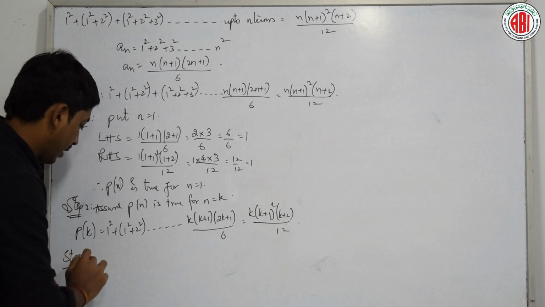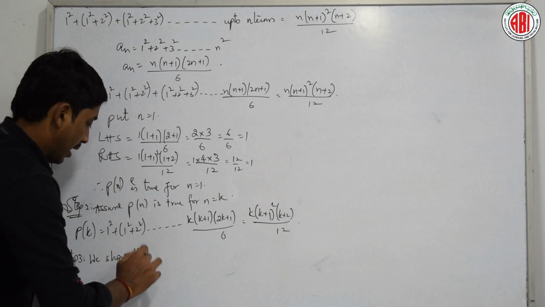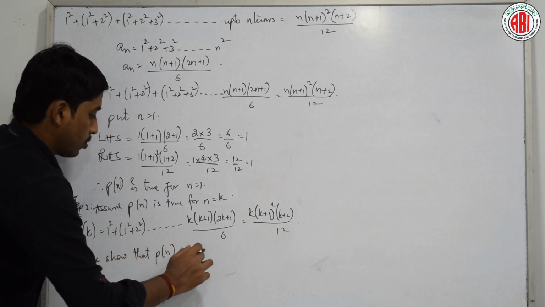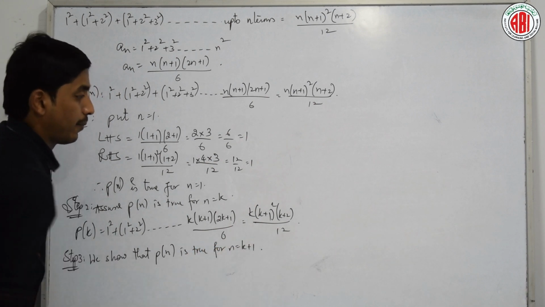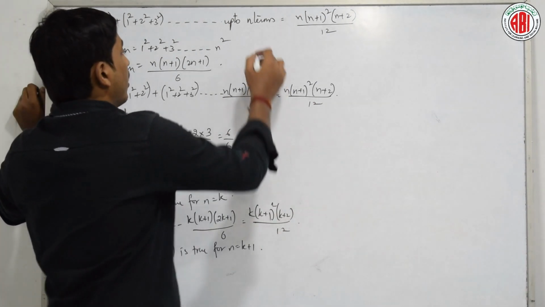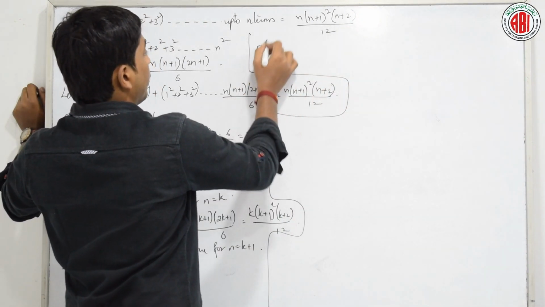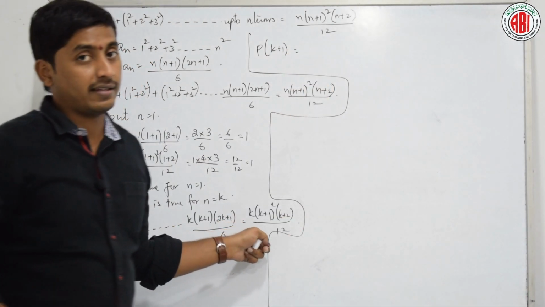Third step will be, now we show that P of n is true for n is equal to k plus 1. Okay. Now let us substitute it in that. That is, P of k plus 1 is we will write this kth term as it is.